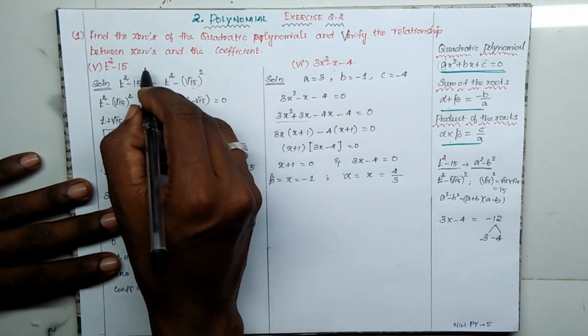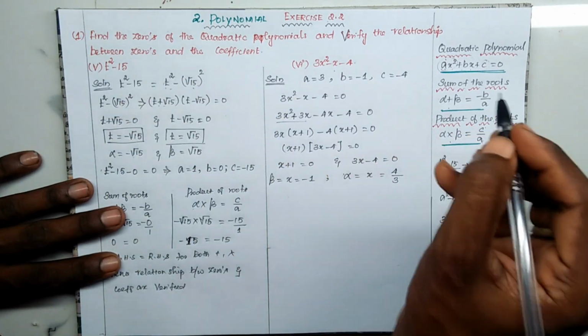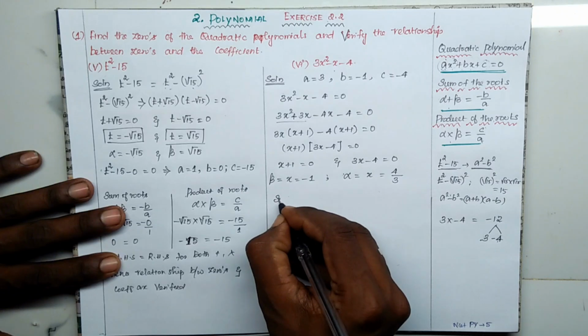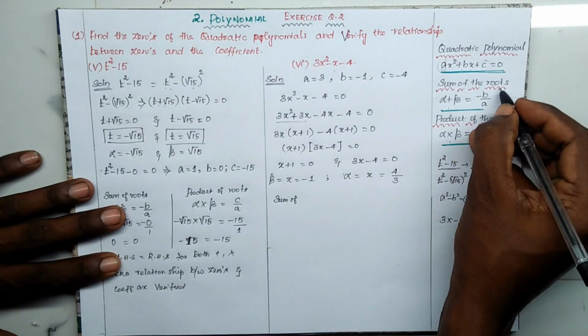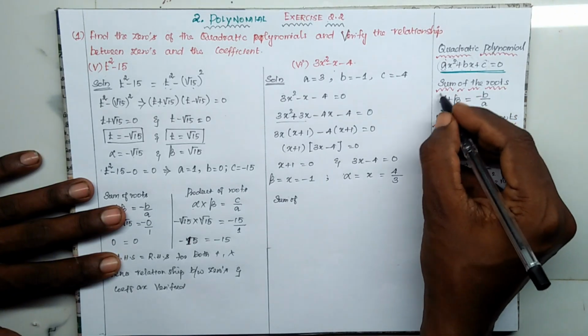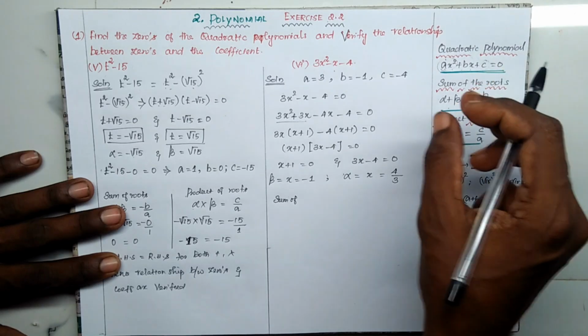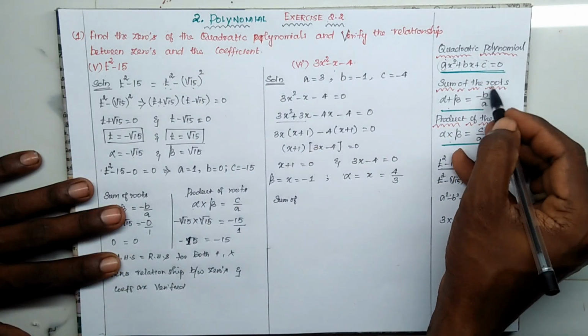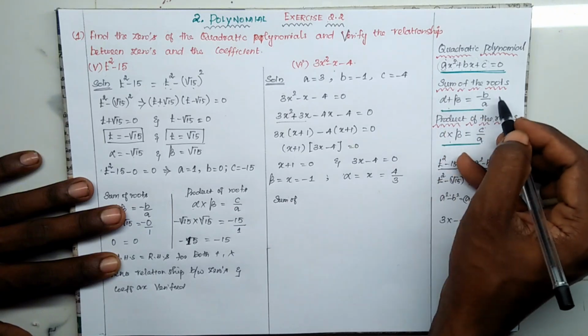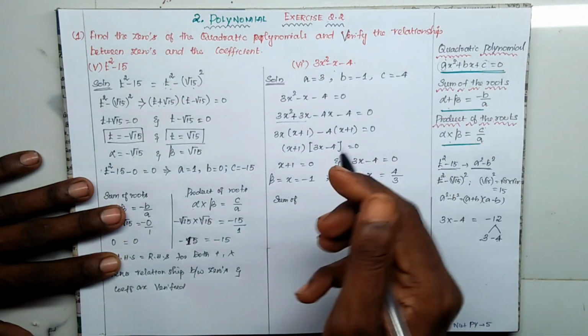Now we have to verify the relationship between the zeros and the coefficients. First we go with the sum of the roots. The sum of the roots will give the coefficients, and they will be equal, which means we are verifying the relationship.